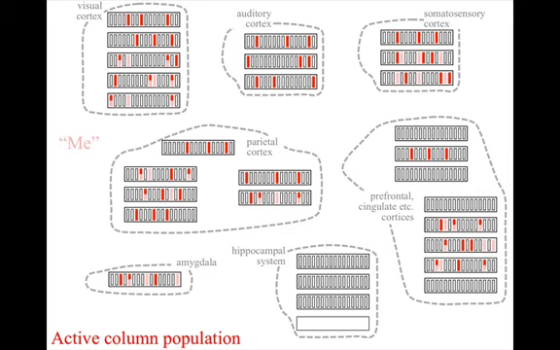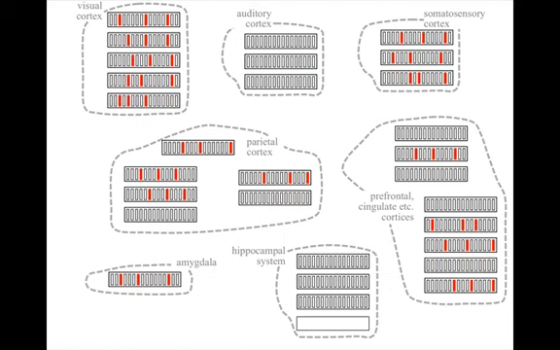So what will be the subjective experience of a population like this? Well, let's suppose that the columns in red represent the pattern of activation when you're paying attention to yourself on one specific occasion. In other words, the current visual, somatosensory, emotion recommending and circumstance receptive field detections that are currently being made.